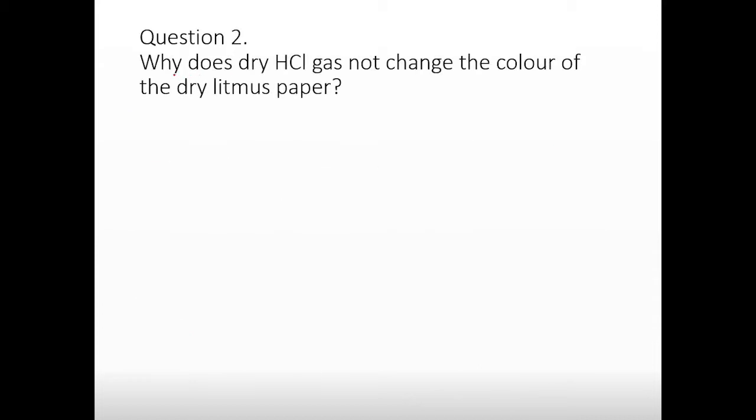Question number 2 is asking you, why does dry HCl gas not change the color of dry litmus paper?